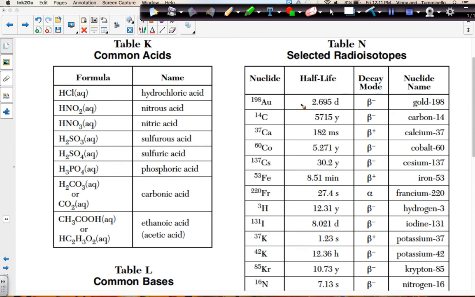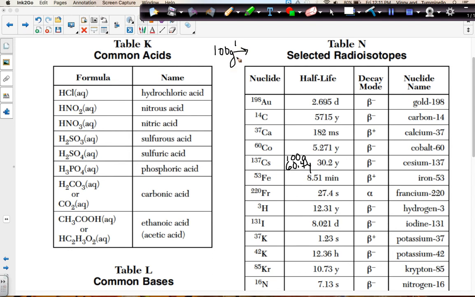We can use these half-life times to determine how much of a radioactive sample will remain after a certain amount of time. For example, if we start with 100 grams of cesium-137 and we allow 60.4 years to go by: before the decay starts, we have 100 grams.